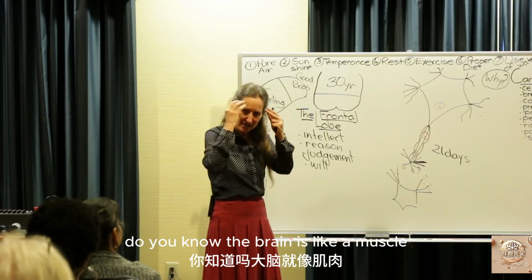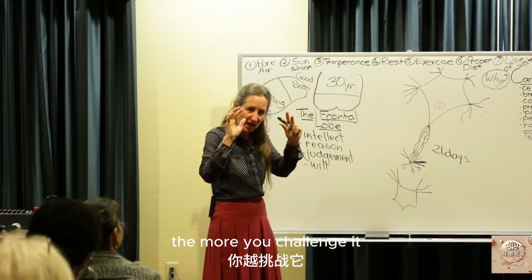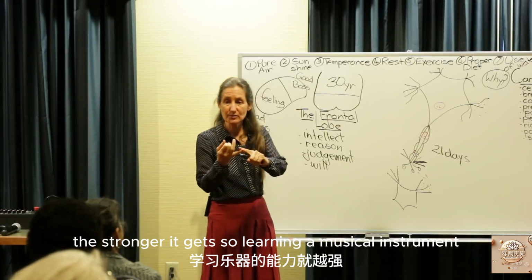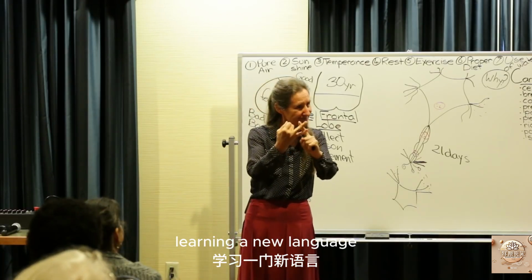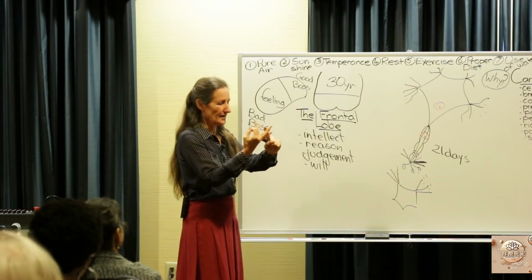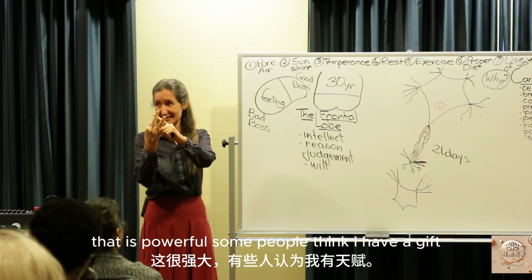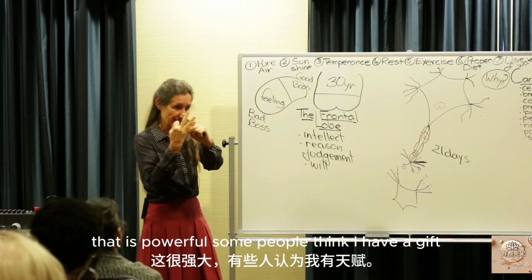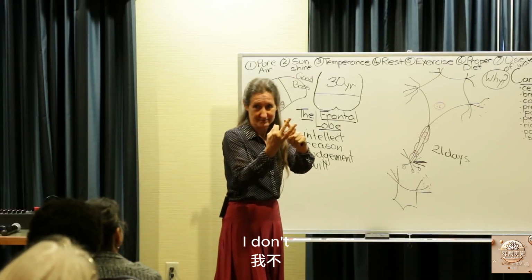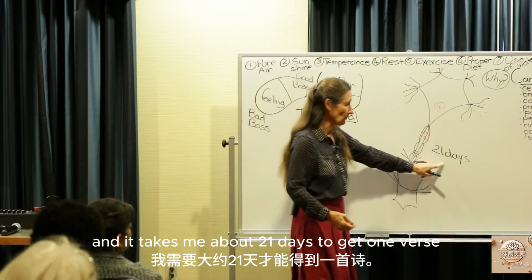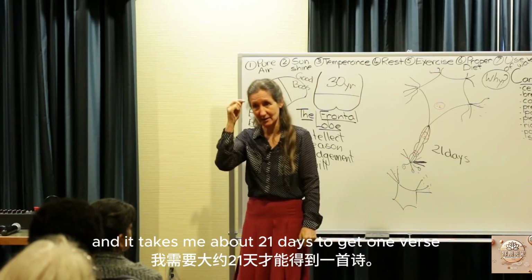Do you know, the brain is like a muscle. The more you challenge it, the stronger it gets. So learning a musical instrument, learning a new language, memorizing Bible. That is powerful. Some people think I have a gift. I don't. It's just hard work. And it takes me about 21 days to get 1 verse in my brain.